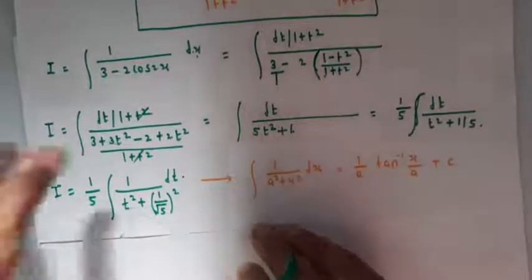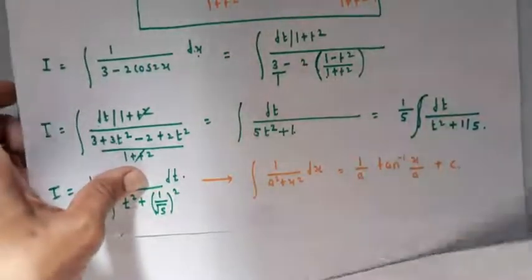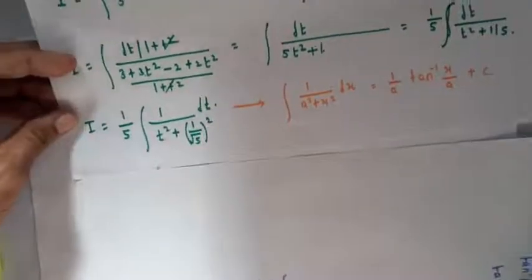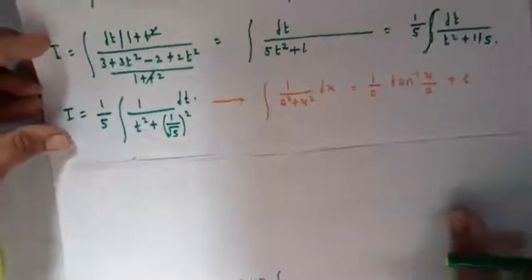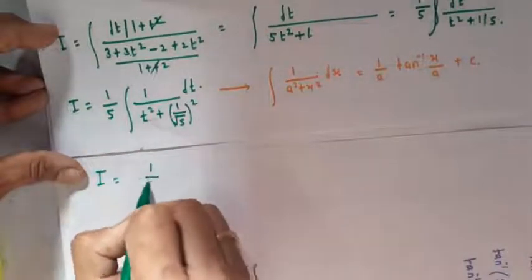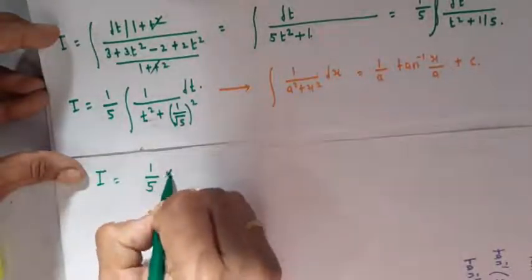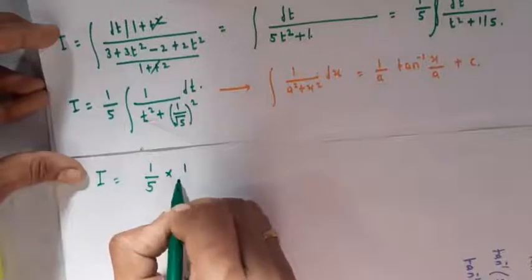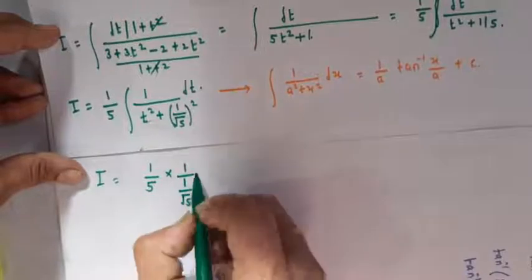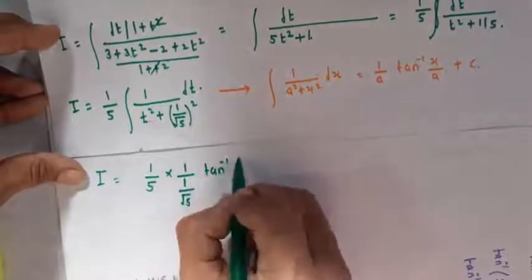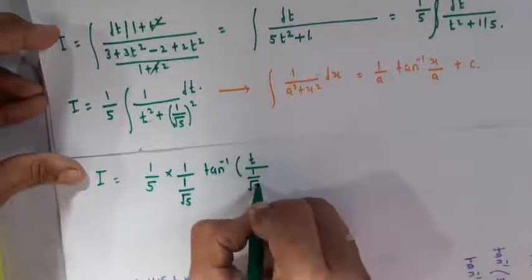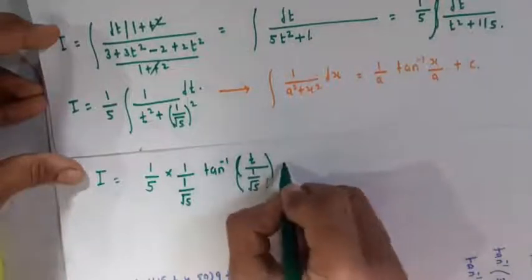Okay, and therefore here the answer is integration I equals 1 upon 5 as it is, then 1 by a, where the value of a is 1 upon root 5, into tan inverse of x by a, that is t by 1 upon root 5, plus constant of integration c.